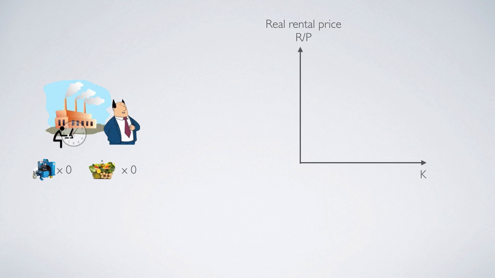He knows that if he rents no machines, then there will be no output he can produce. Here for output, I use baskets to represent the output that he can produce for households to buy in the market. So what he would do is think about his rental decision in a marginal way.